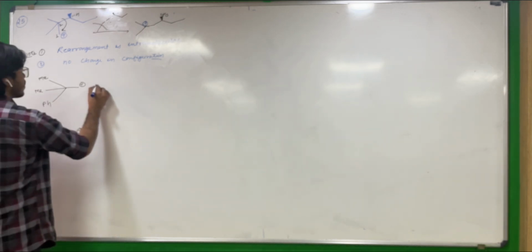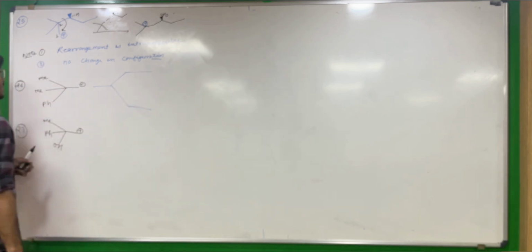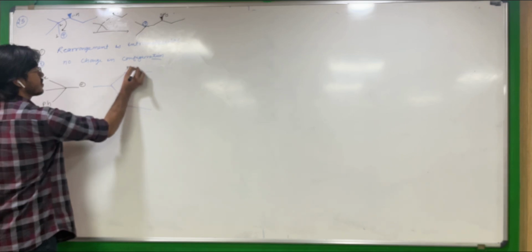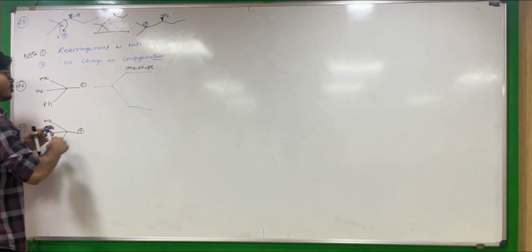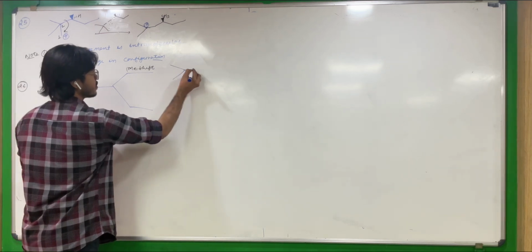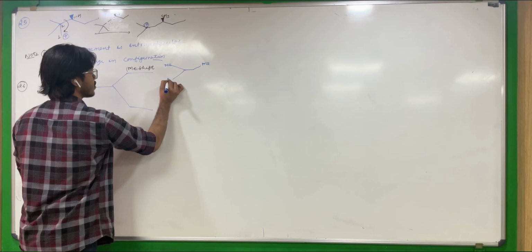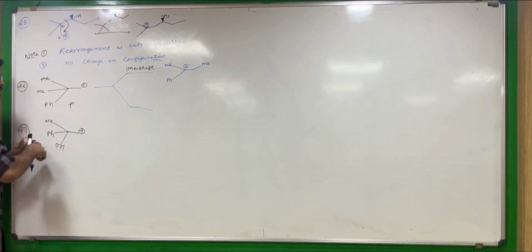Now here we take two cases. See, if in this case we are doing methyl shift, first we will do the methyl shift. So if we do the methyl shift, the product formed will be this. And suppose this carbocation is P.